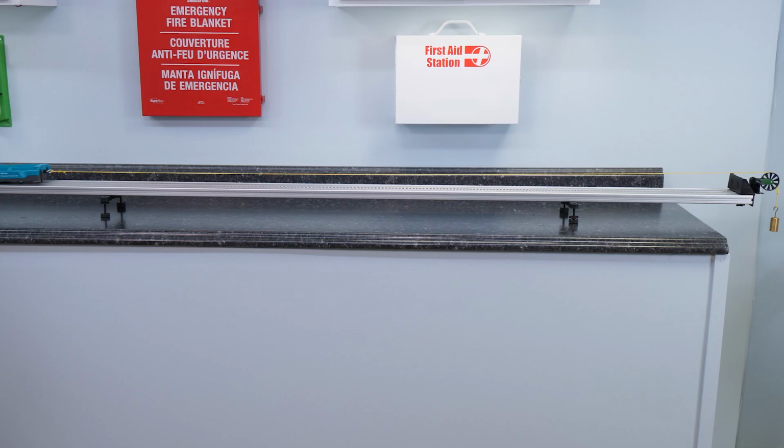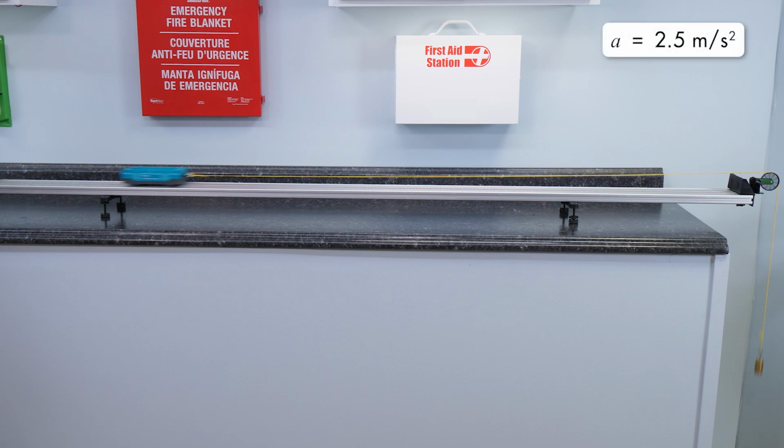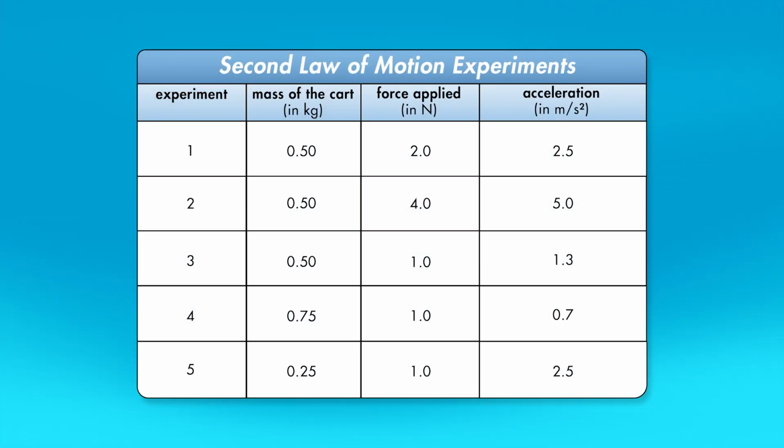According to our readings, the acceleration of the cart was 2.5 meters per second squared. Using the same force as before, 1.0 newtons, but with a decreased mass, the acceleration was greater. Our results show that the acceleration is inversely proportional to the mass.